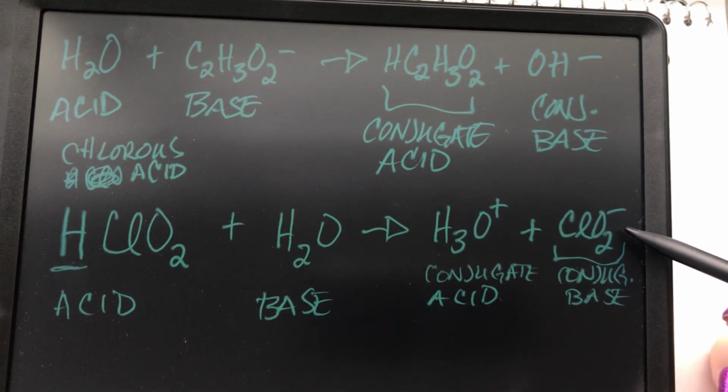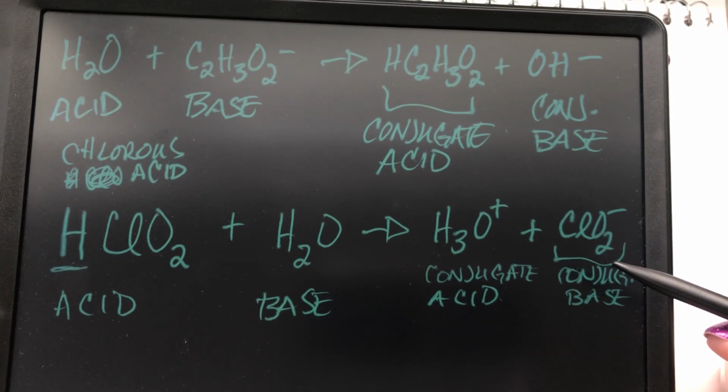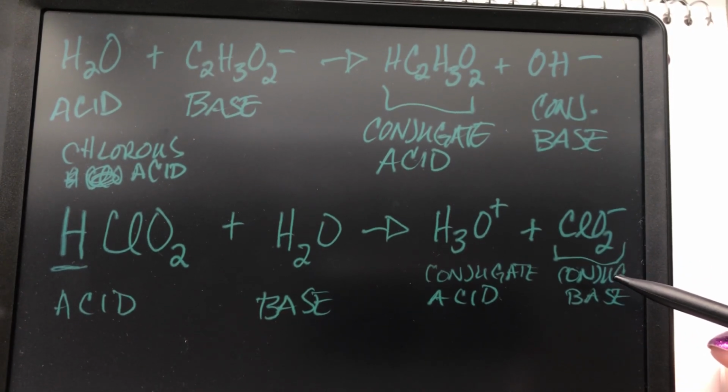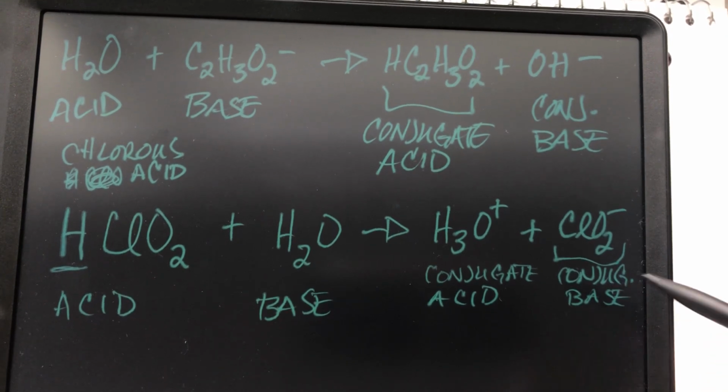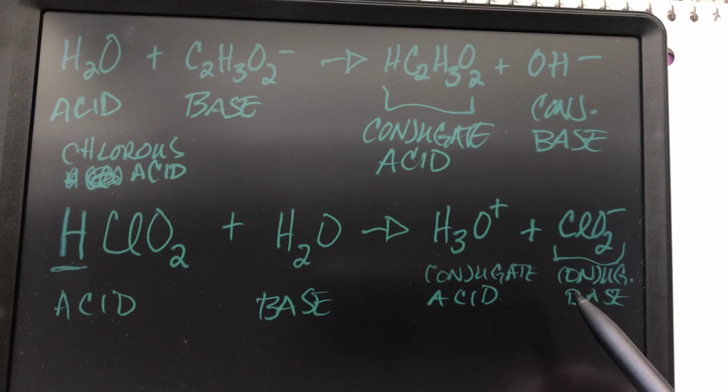So again, when you see a negative sign on something, that's a pretty good indication that that thing can act like a base. Does that make sense, Shion? Yes. And you see this positive sign on here is a pretty good indication that it can act like an acid, right?